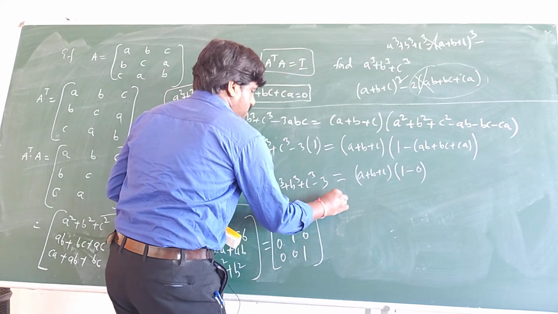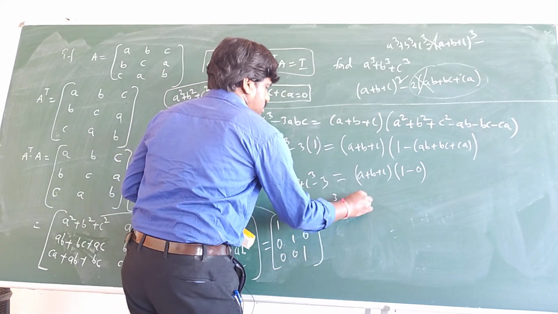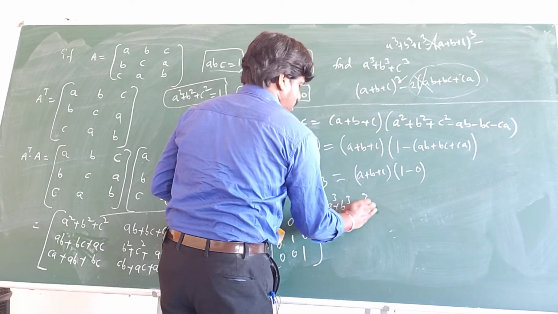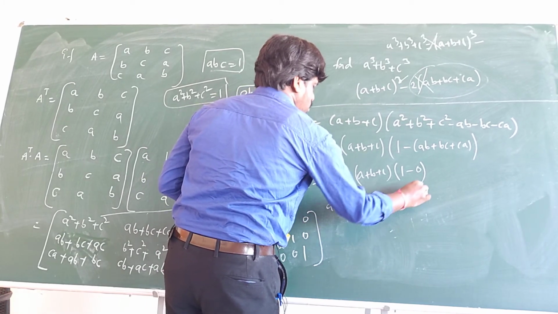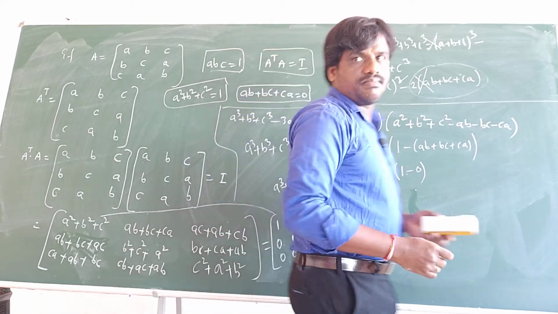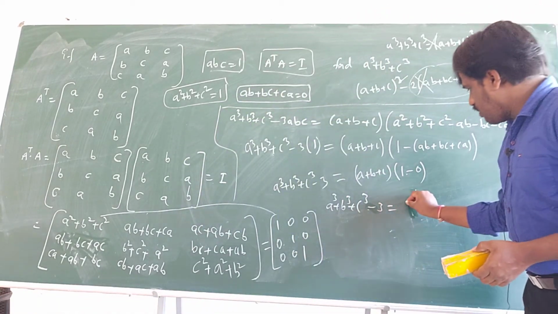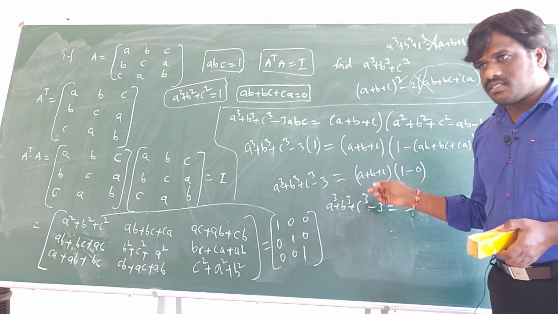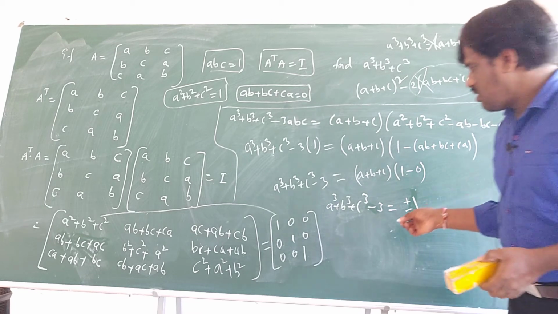So here a cube plus b cube plus c cube is equal to minus 3, sending this side, plus 3, okay? So this is equal to 1 or minus 1, there is a chance to get 1 or minus 1, right? Either you get plus or minus 1. If a square plus b square plus c square is 1, then that's okay.